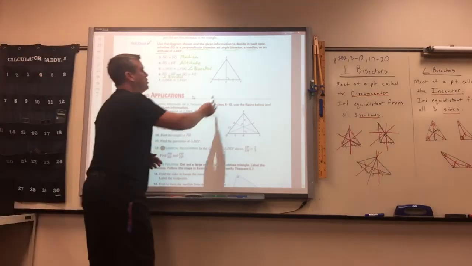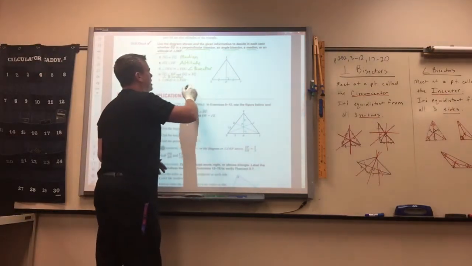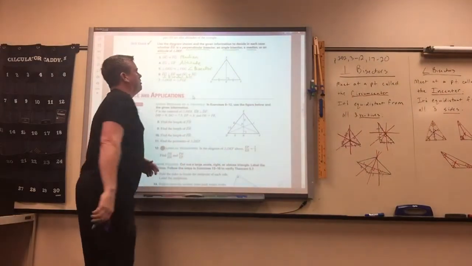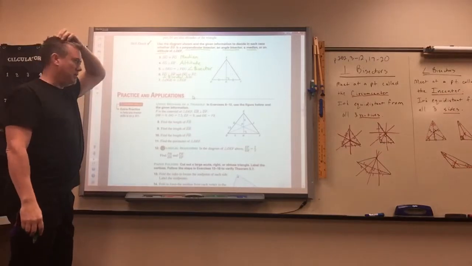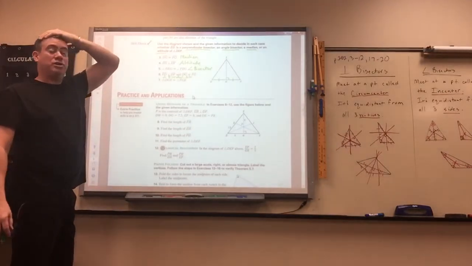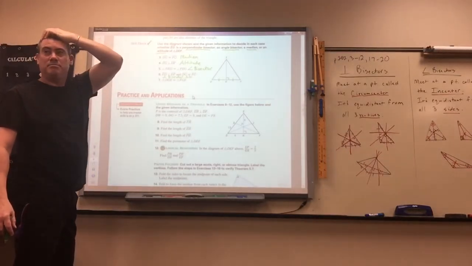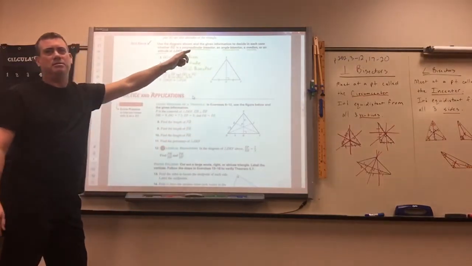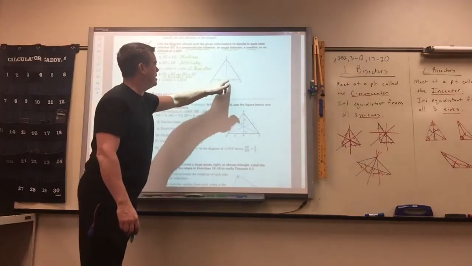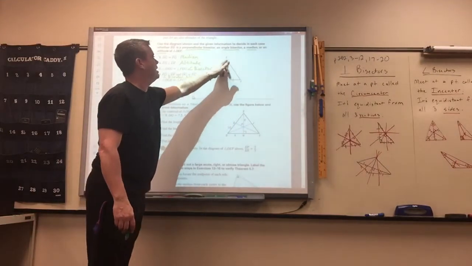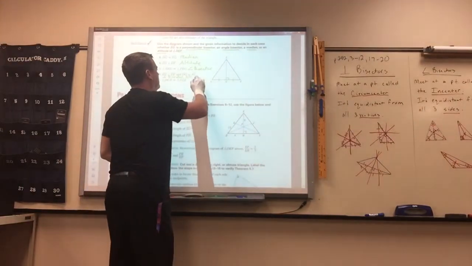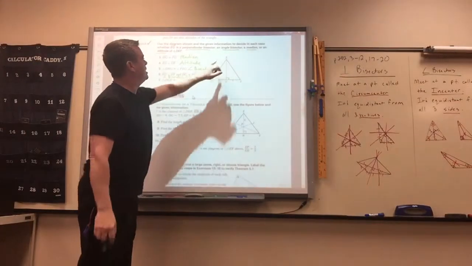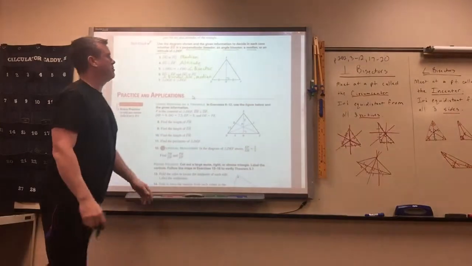Altitude. It's an altitude because it forms a 90 and goes straight up. Do we just have one of them? No, we have to have all of them. You can abbreviate altitude, ALT. And what else could it be? It could be a median because it goes from the midpoint to the opposite side. We don't know angle bisector because we don't know what the angles are up there.